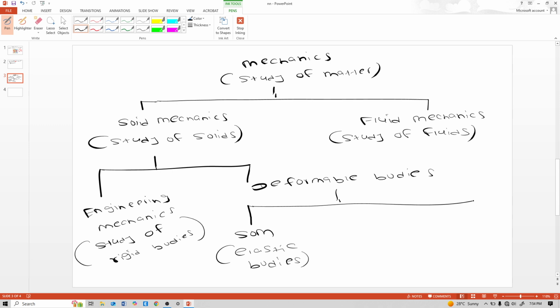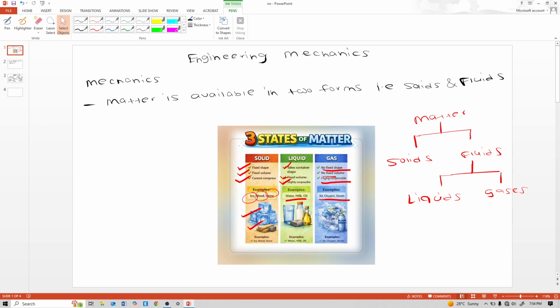And second is plastic theory, the study of plastic bodies. See, elastic and plastic. So that is it. That is what engineering mechanics is, the very basics of engineering mechanics.